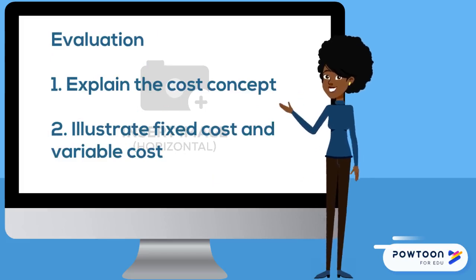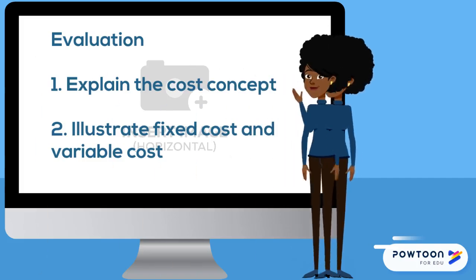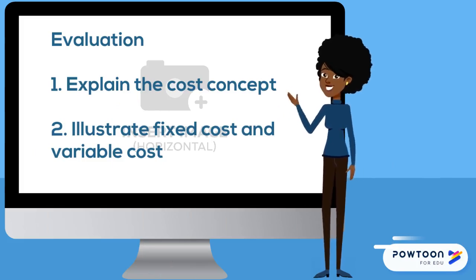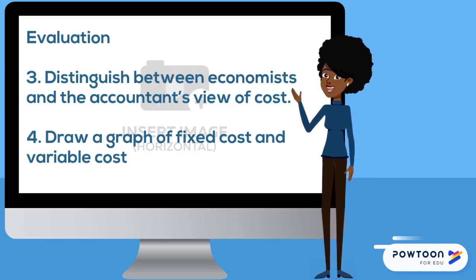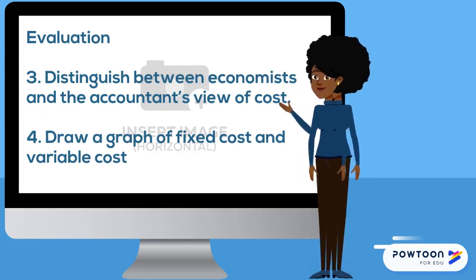This is the end of lesson 4. Let's take these exercises. Number 1, explain the cost concept. Number 2, illustrate fixed cost and variable cost. Number 3, distinguish between the economist's and the accountant's view of cost.